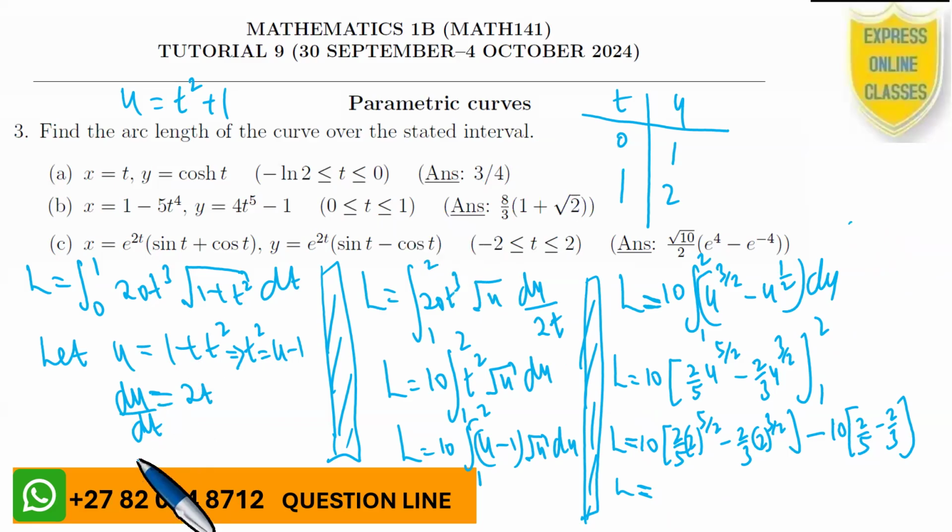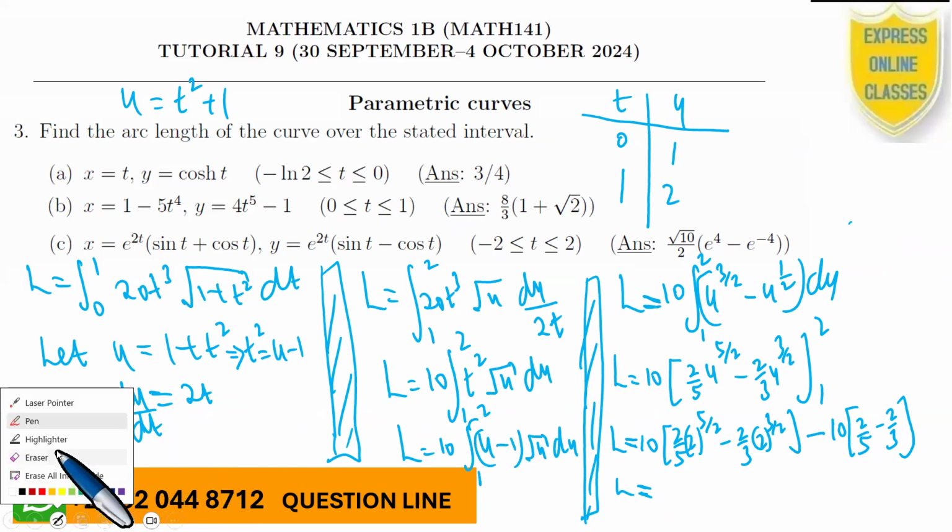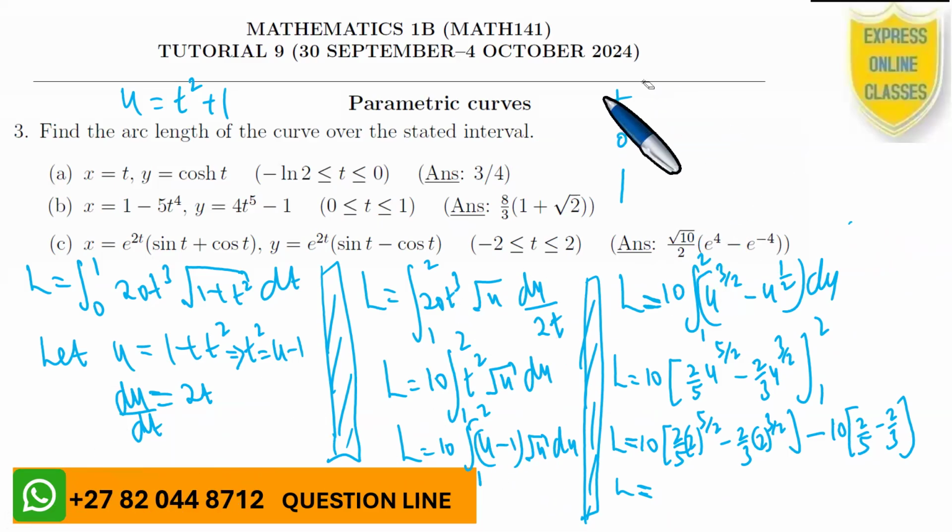So we're going to have, for instance, our L. Try to simplify the things here. We have our L. This is 10, exactly 10.